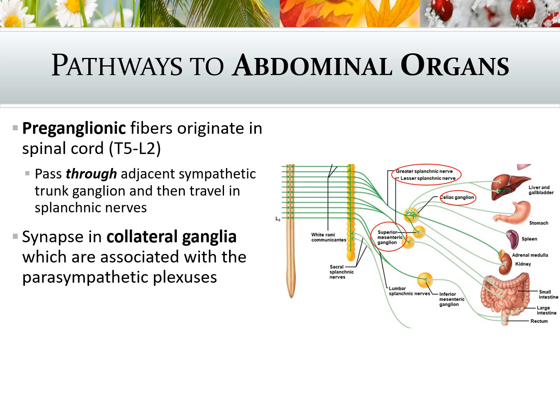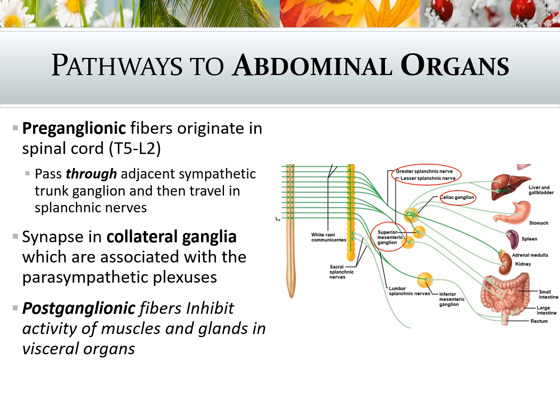Now again, you don't need to know the different splanchnic nerves, but just know that these preganglionic fibers are going to synapse in the collateral ganglia. Okay, and these are associated with the parasympathetic plexuses that we talked about earlier. And so then those postganglionic fibers are going to inhibit a lot of the activities in glands in the visceral organs.